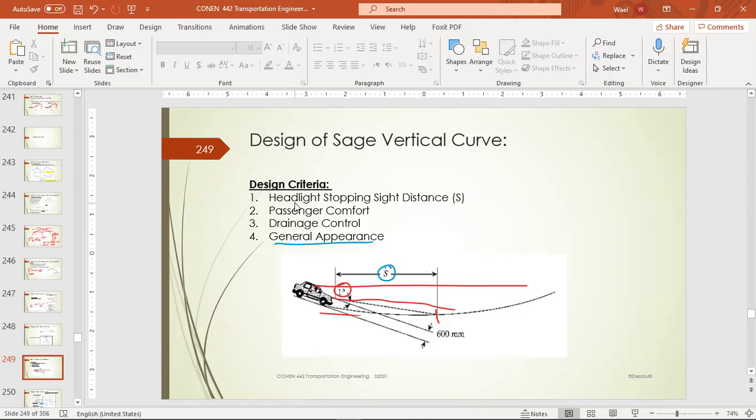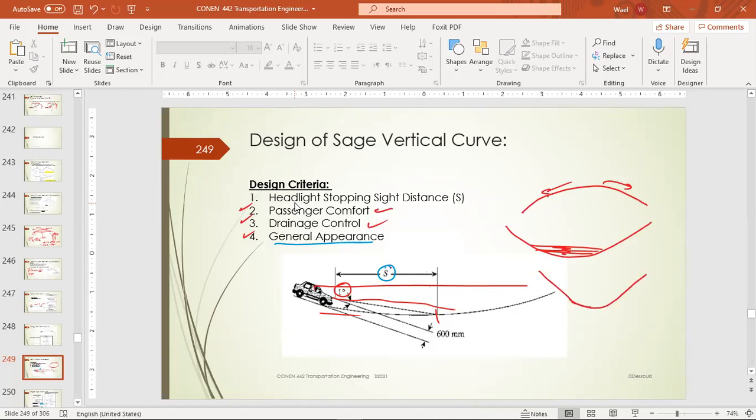We also need to take into consideration the passenger comfort, the drainage control, and the general appearance. For example, in the crest curve we didn't talk about drainage because water will fall on the sides of the crest. But in the sag curve, it's very common that we get pools of water if the drainage is poor and not designed correctly. For passenger comfort, the degree of curvature should be comfortable to the passenger.